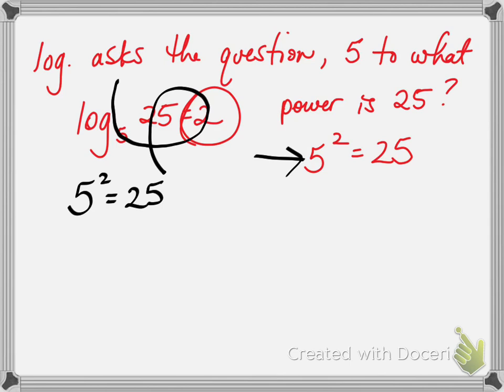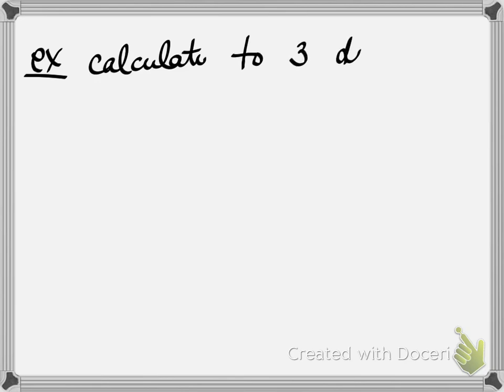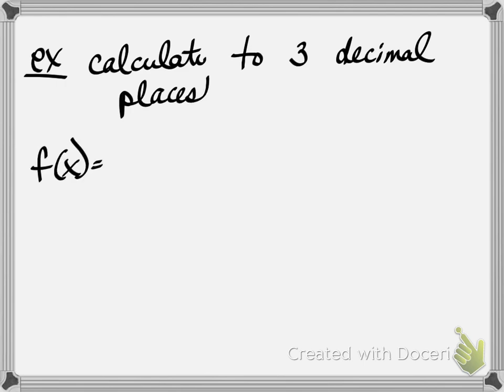So first off, if you'd get your calculator out. And we're going to calculate to the nearest 3 decimal places. Let's say we've got f of x equal to log base 2 of x.